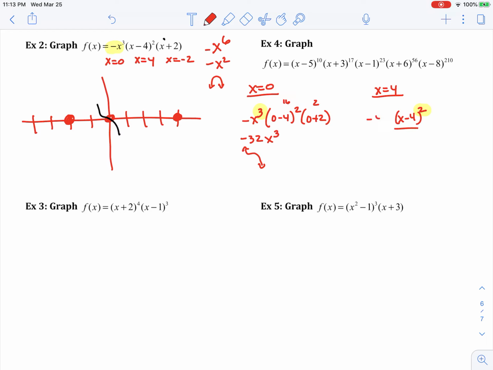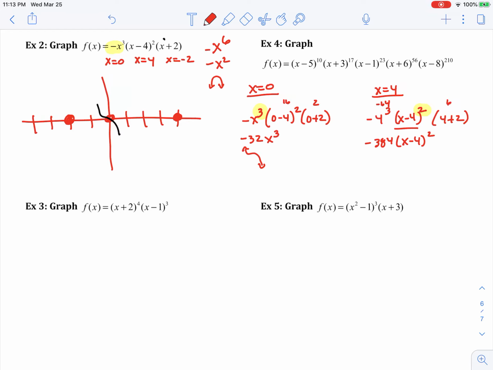So if I plug in a 4 for x here, and if I plug in a 4 here to that other x, here we have a negative 64, here we have 6, and that is what? 24, 36, a negative 384, x minus 4 squared.